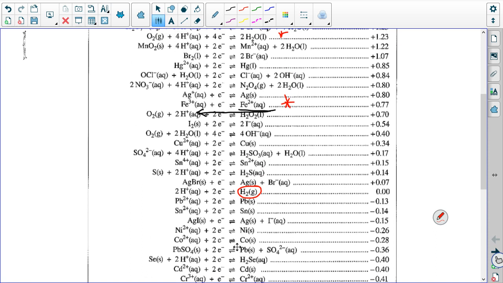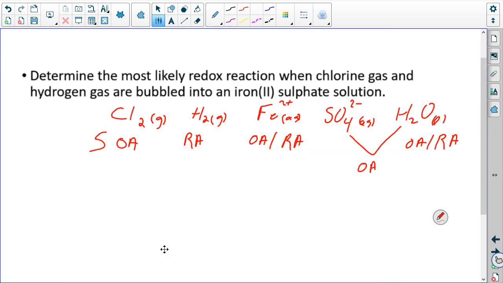We have our H2 right here. And water's up higher. So which one's the strongest one there, Alexis? So here's our strongest reducing agent. The iron sulfate solution really doesn't matter in this case. Nothing's going to react with it.